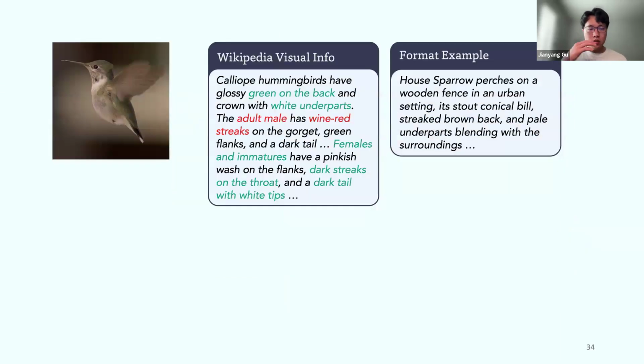So what we did is we combined these two components. We provide the Wikipedia visual information, and we also curate some format examples. These examples tell the model, for example, for birds, which traits you want to include in the descriptions, because for different species we need to focus on different body parts and different traits. These format examples tell the model which traits to focus on to describe these species.